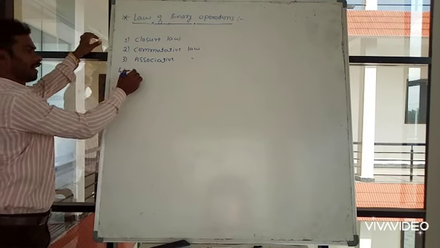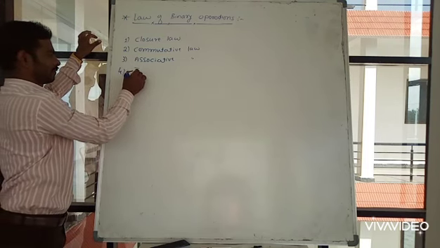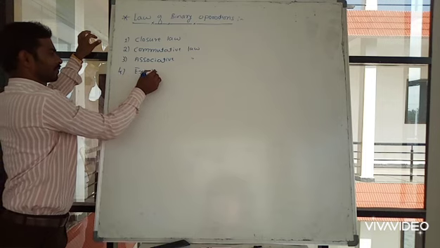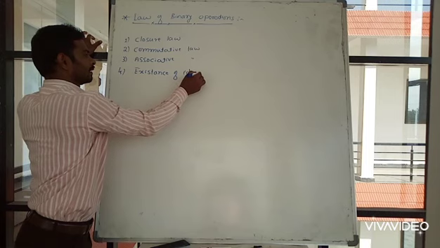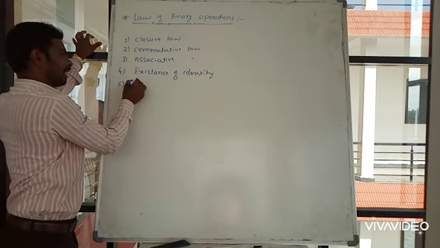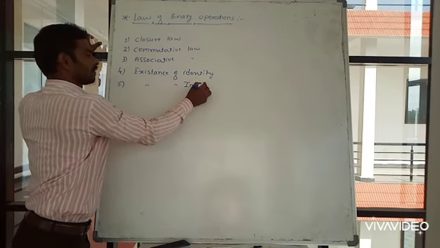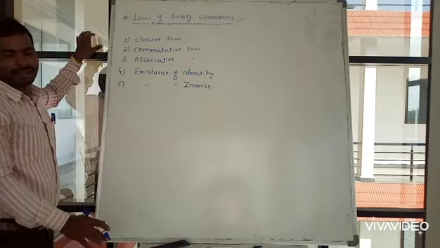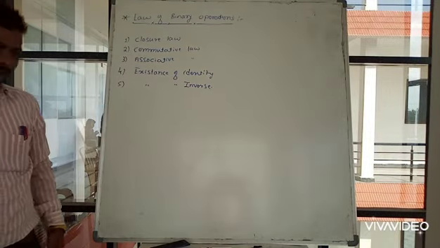The fourth one is the existence of identity. The fifth one is the existence of inverse. These are the laws of binary operations.